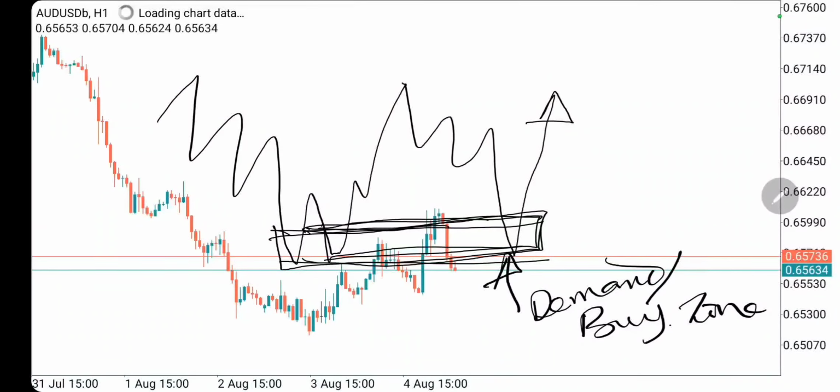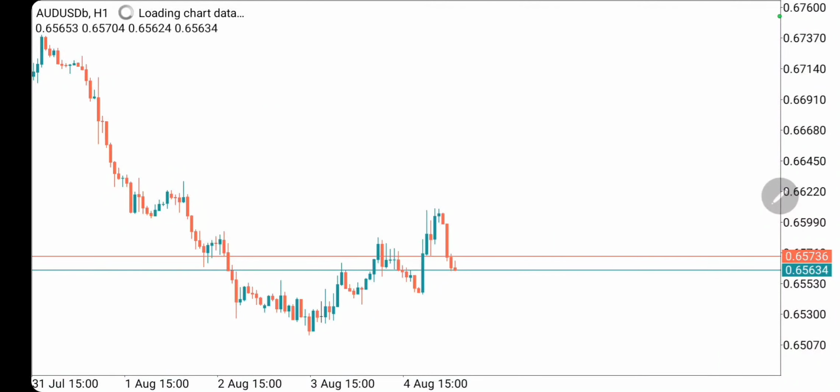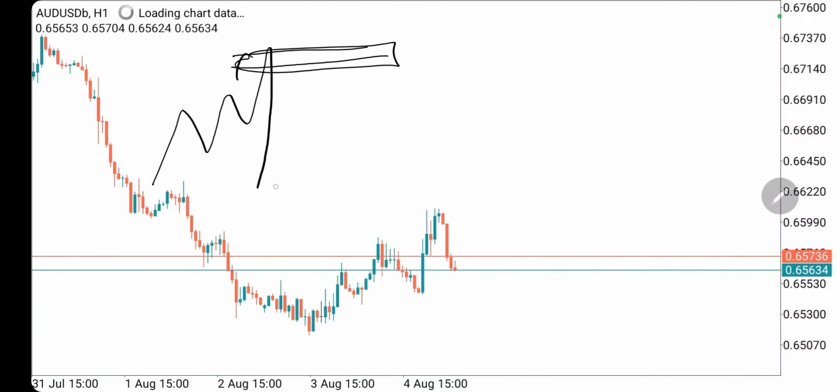You can have a situation whereby price comes to a demand zone or a supply zone and blasts through the zone. If we have a supply zone like this, you may expect price to come and sell, but price can sometimes blast through the zone instead of selling.